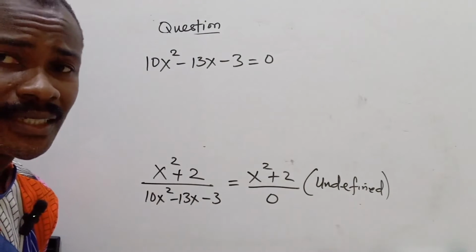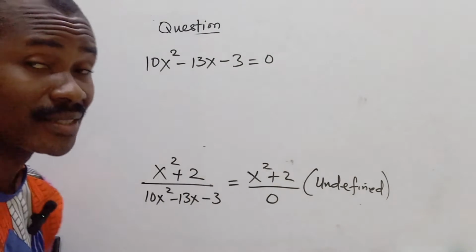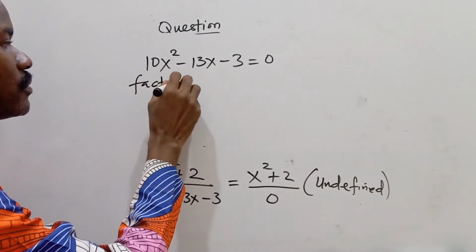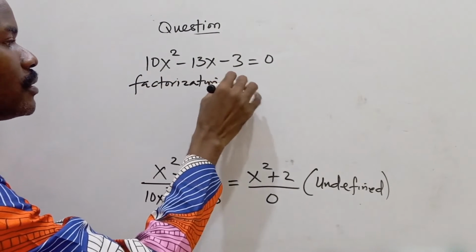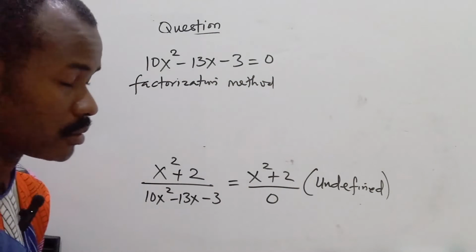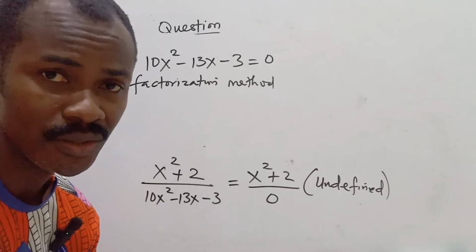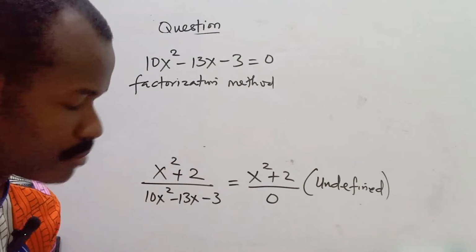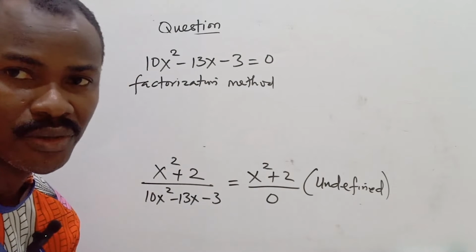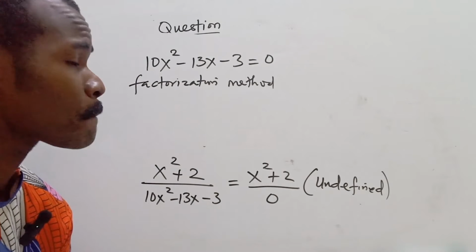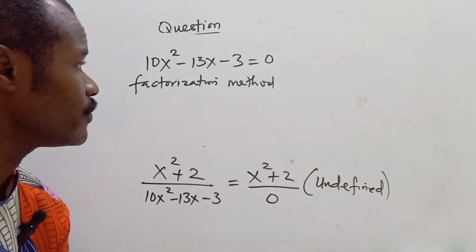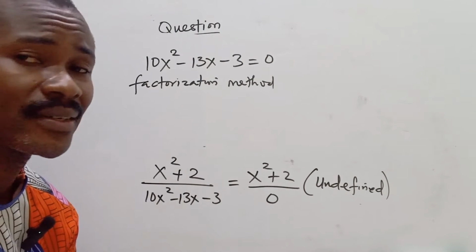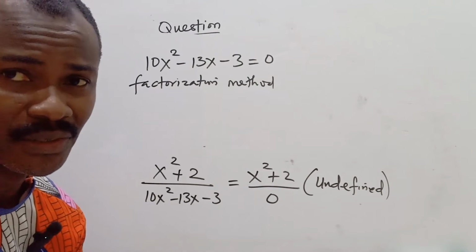Now to solve this, it is a quadratic equation, so we are going to use the factorization method, which is one of the methods of solving quadratic equations. We have the general formula method, the factorization method, the graphical method, and the completing the square method.